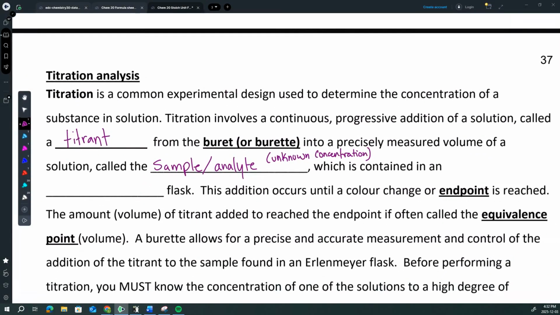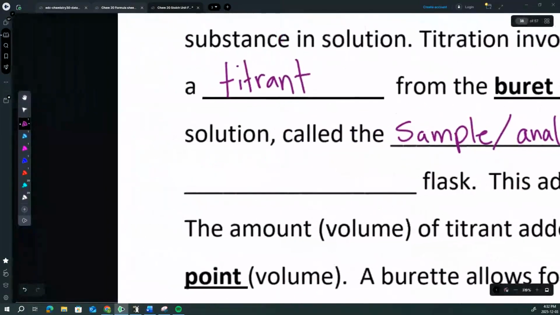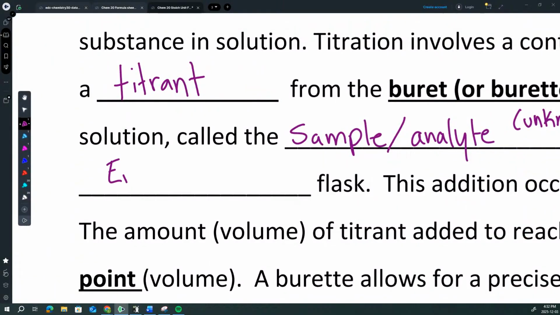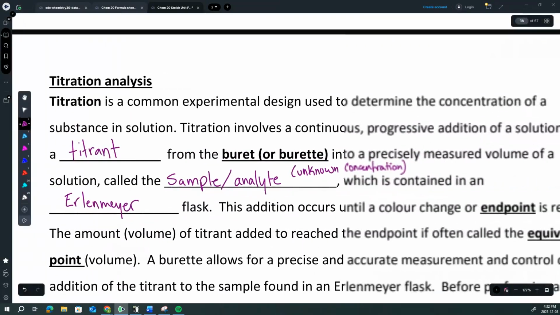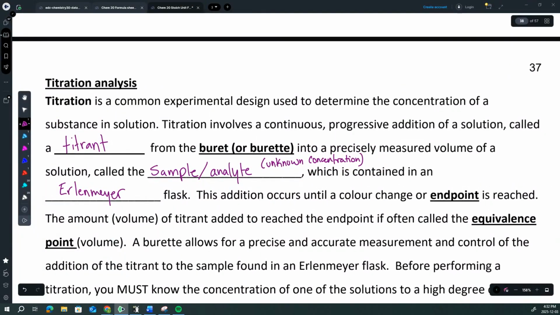So your sample is going to be put in an Erlenmeyer flask. Okay, and you'll see an example of what an Erlenmeyer flask looks like on the next page there.